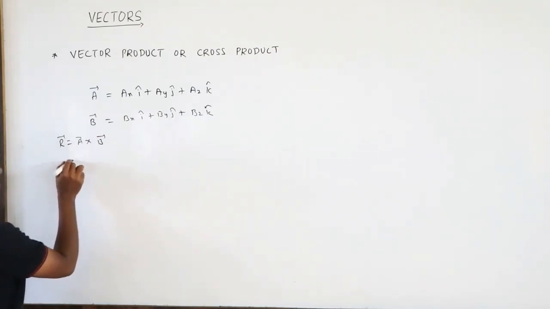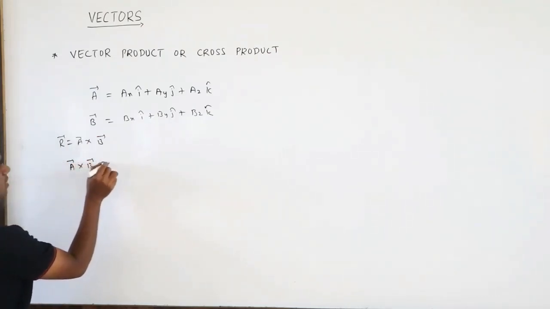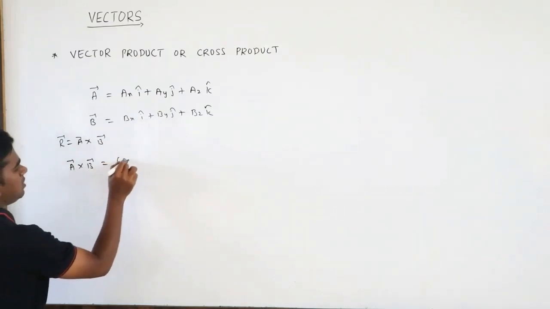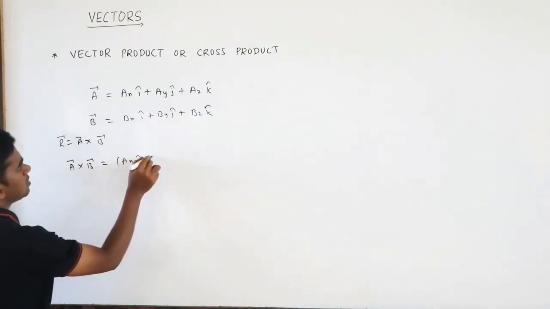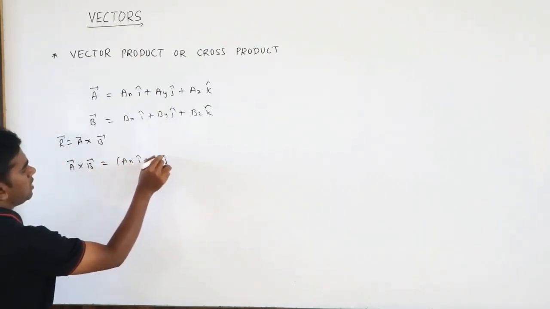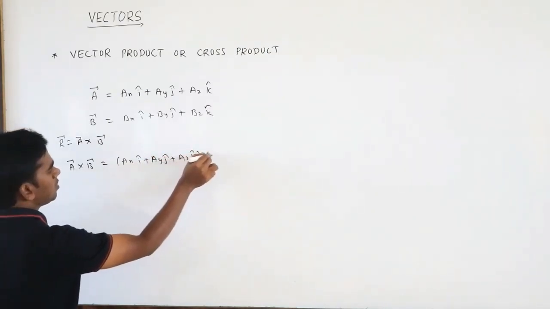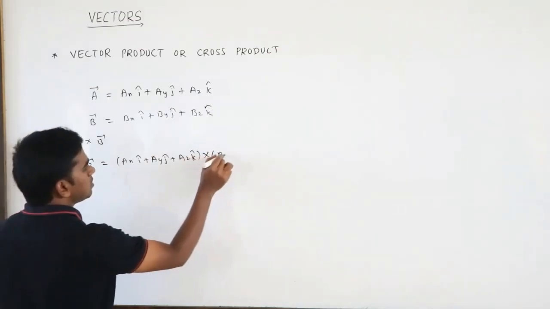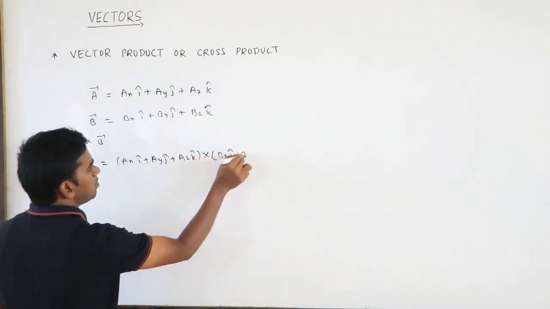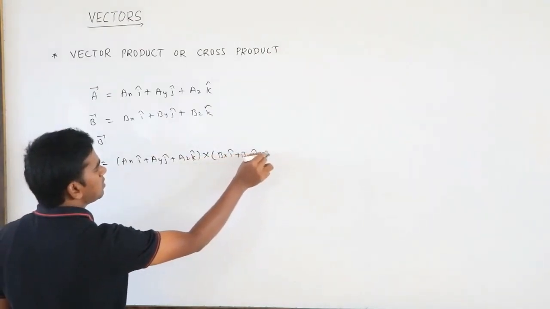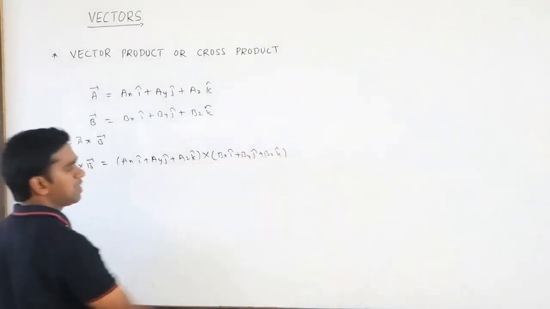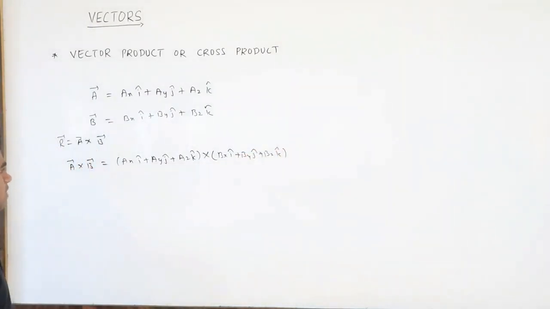So how can we do this one? Vector A cross vector B is, you can take as it is, Ax I cap plus Ay J cap plus Az K cap, cross Bx I cap plus By J cap plus Bz K cap. Okay, so these are the two vectors.